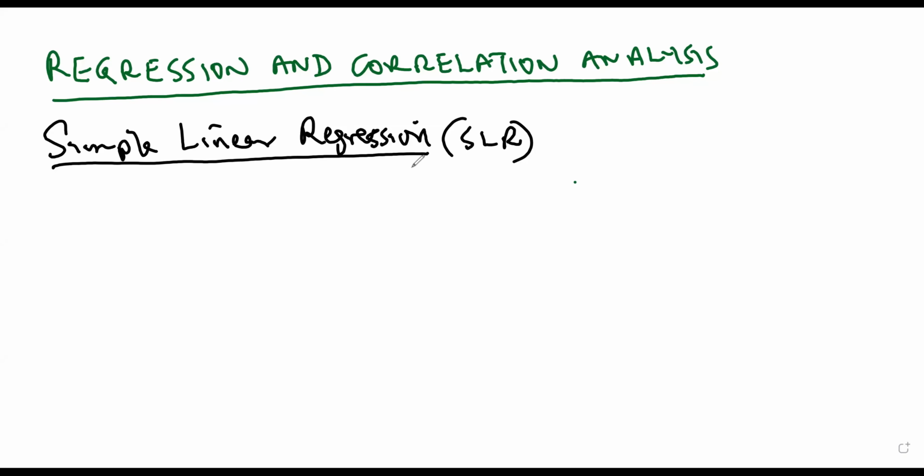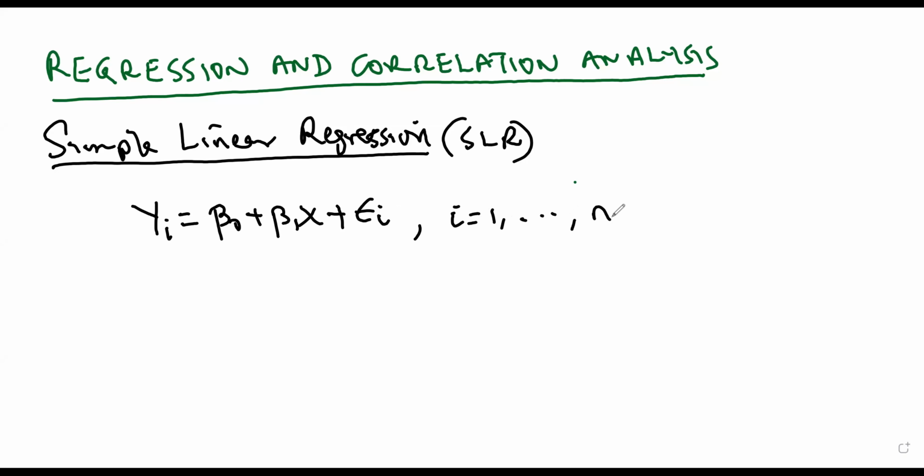So the simple linear regression model is given by yi equals beta naught plus beta 1 of x plus the error term, where i starts from 1 all the way to n, where n is the number of observations. I'm going to label this as equation number 1.